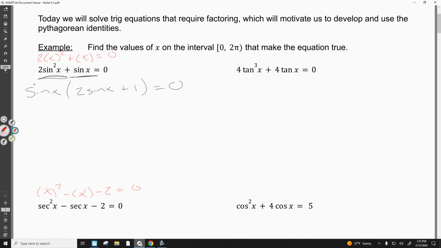We take the pieces of our products and individually set them equal to 0. That means we use the zero product property, but instead of that example with x's, where our solutions were just known, you guys are like, oh, x equals 0, x equals -0.5, instead we have to do a little bit of work. We're going to have to figure out when sine equals 0 and when sine x equals -0.5.